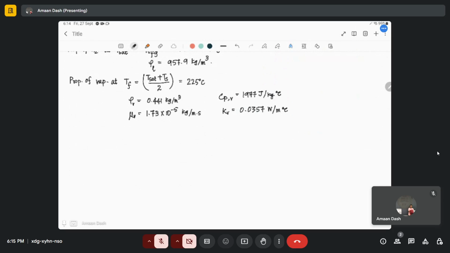And you can use a correlation to calculate the film heat flux.